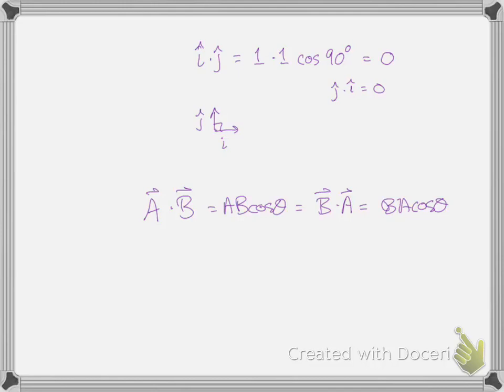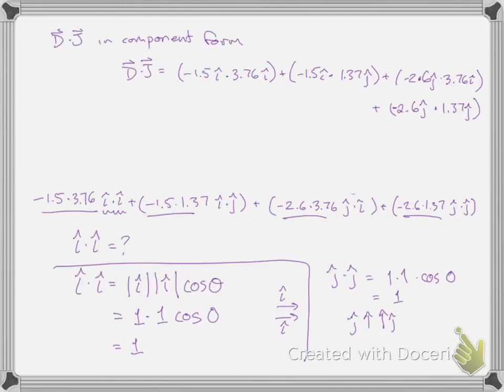So let's go back to this and say, oh, so this term is going to be 0, and this term is going to be 0, and all we're left with is the I dot I and the j dot j term. So the dot product of d dot j is minus 5.64 I dot I minus 3.56 j dot j, but I dot I is equal to 1 and j dot j is equal to 1.